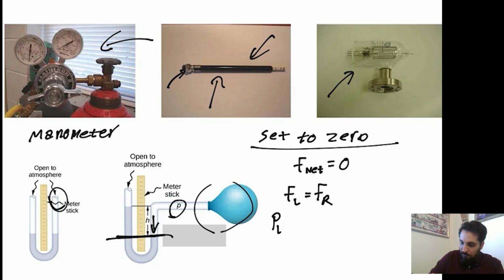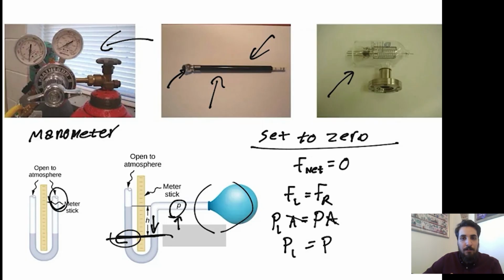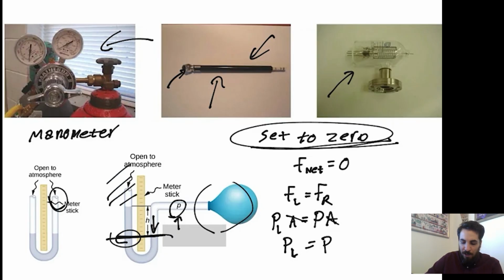Well, we want to really look at pressure, and I was going to skip a step. Pressure times area on the left is equal to the pressure on the right side, which we're just denoting as P, times the area. Area cancels out and you get the pressure on the left at this height is equal to the pressure on the right. And from here we look, okay, well, what's the pressure on the left? Again, we've set it to 0 at atmospheric pressure, so we're not considering the atmosphere.